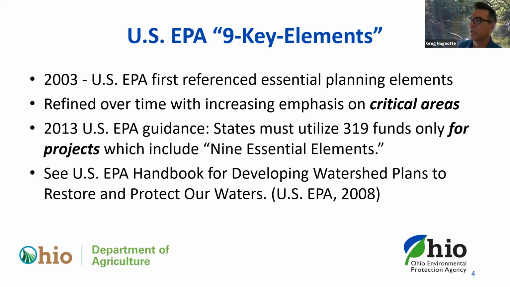But that's why we have so much emphasis on very detailed projects in these plans. For more on that, very good publication from US EPA. You can Google this. It's the EPA Handbook for Developing Watershed Plans, 2008. And there are links to that from our sites as well.